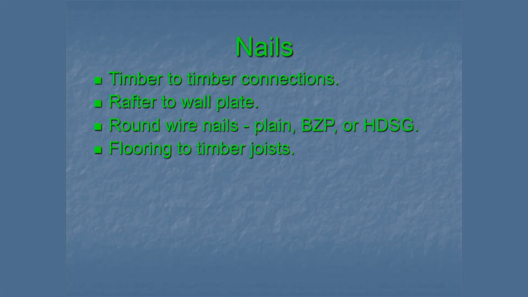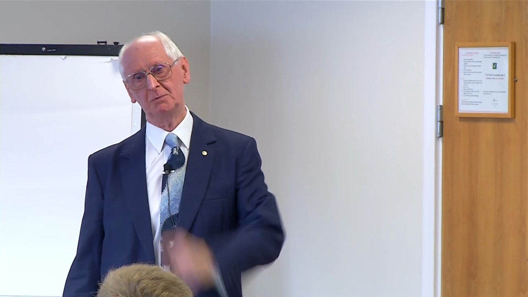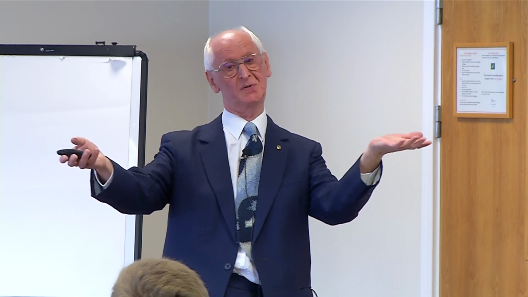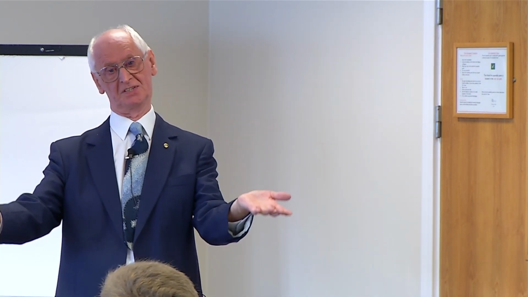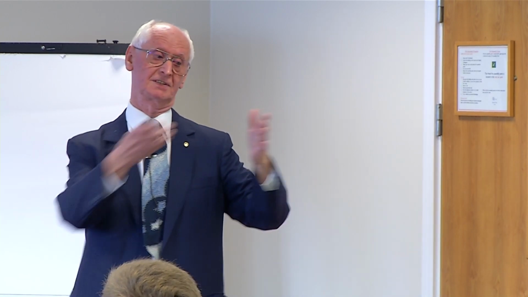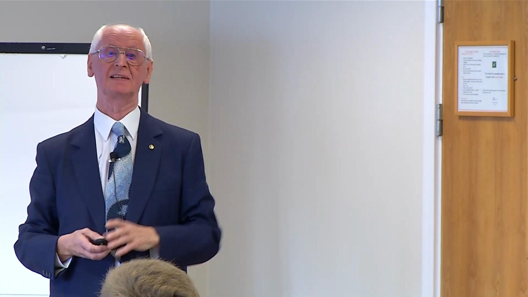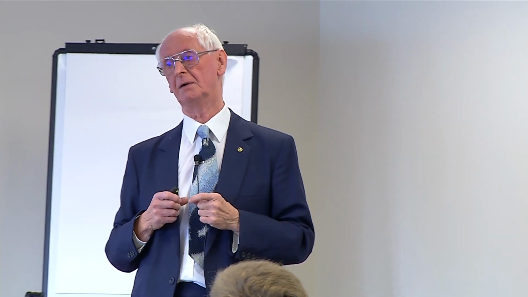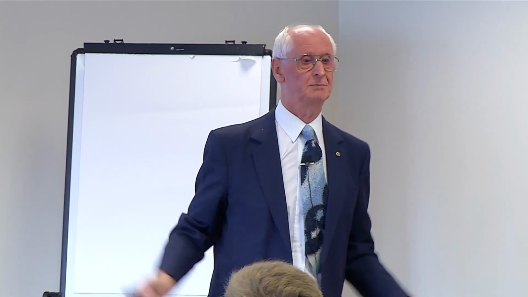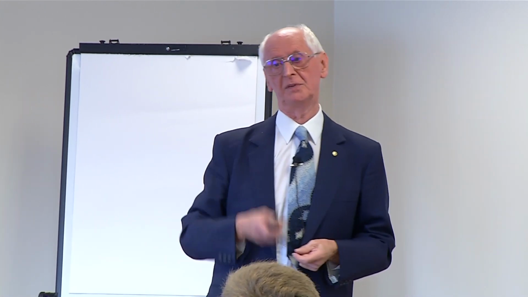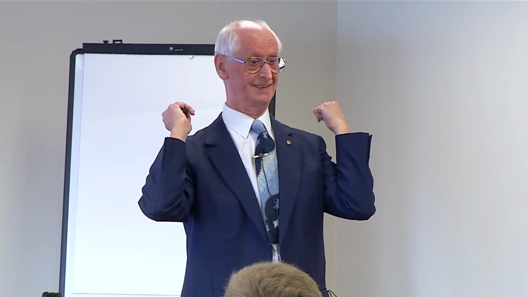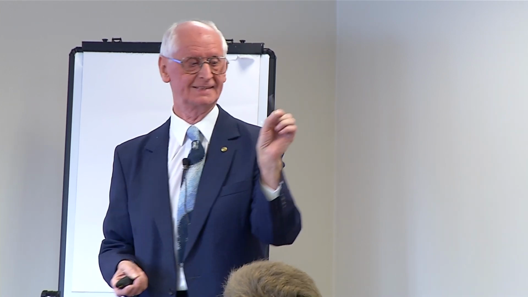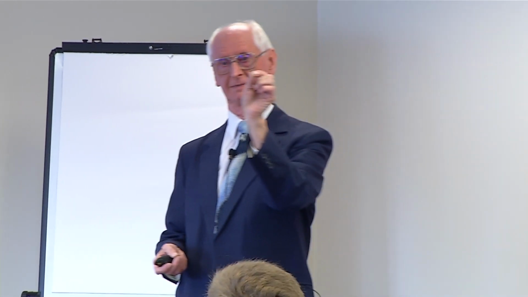Flooring to timber joists. Yes. There was a case where a building had floorboards on the first floor, very common, on timber joists. The joists rest on the wall, providing stability. Builder comes along and says, I'm going to renovate this property, so I need to put in lots of services. So on the first floor, he took up all the floorboards. Now the floorboards were fixed with these 2-inch cut nails.